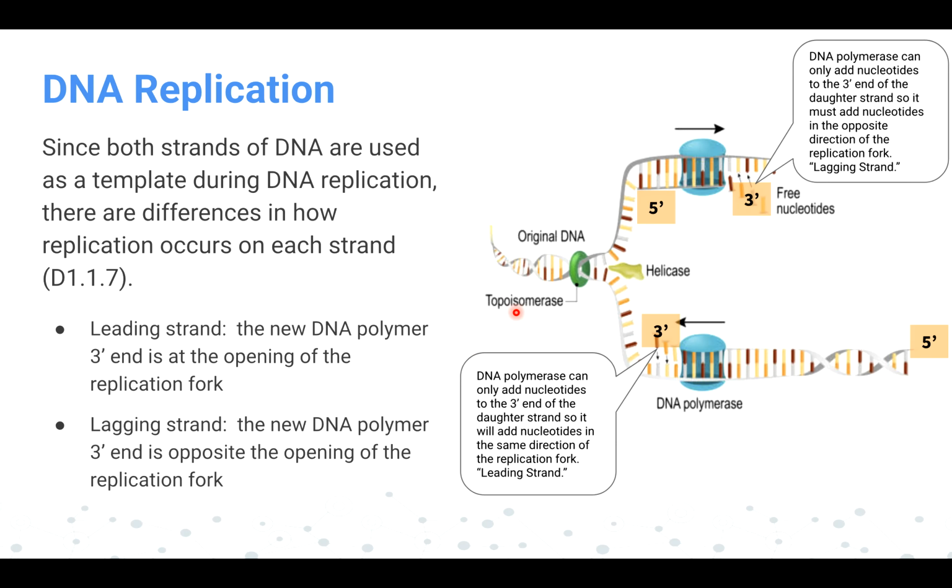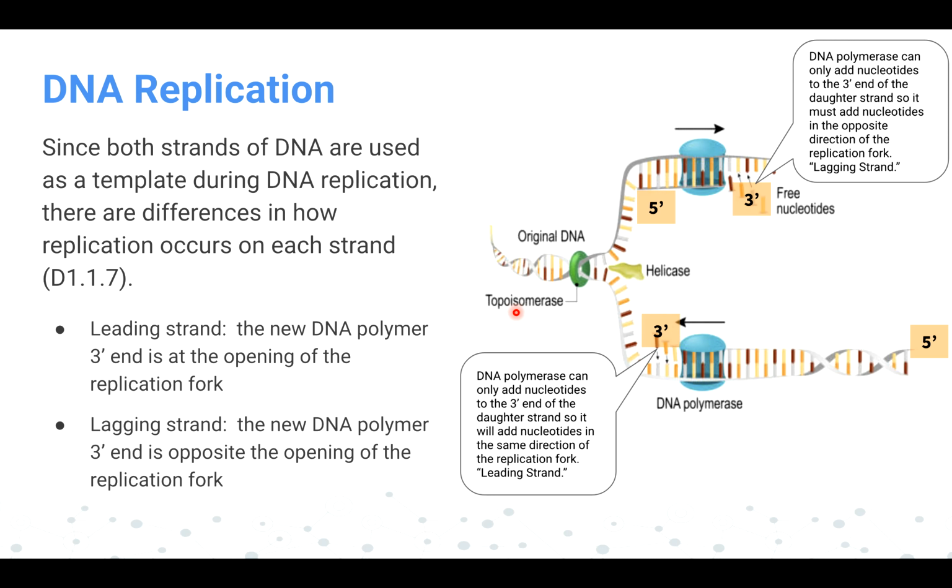So in this way a leading strand is formed as well as the lagging strand. Since both DNA strands are being used in DNA replication, there are differences in how the process occurs on both strands. On one strand the direction is fixed, 5' to 3'.